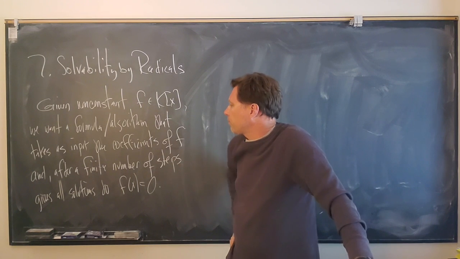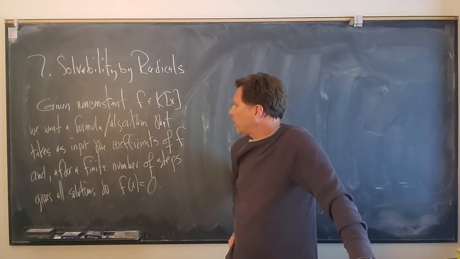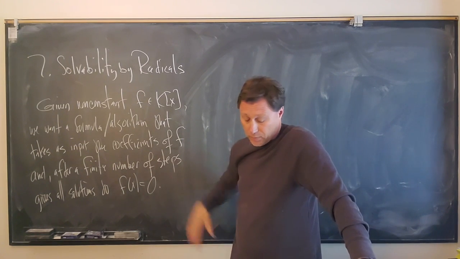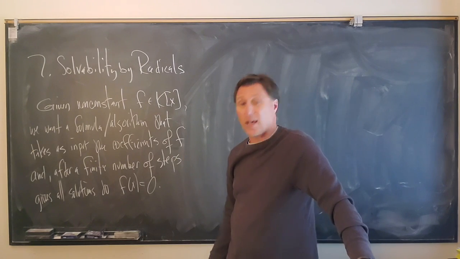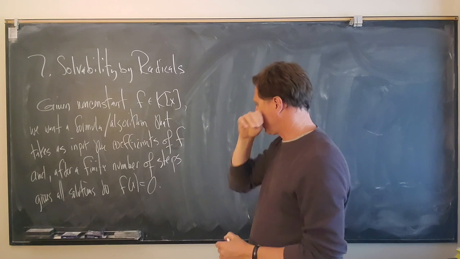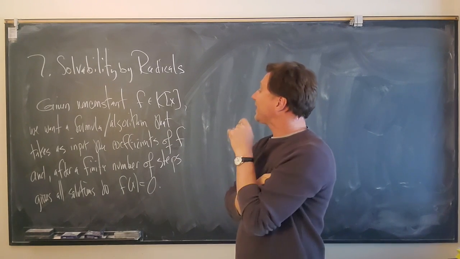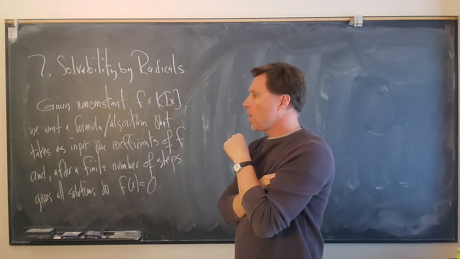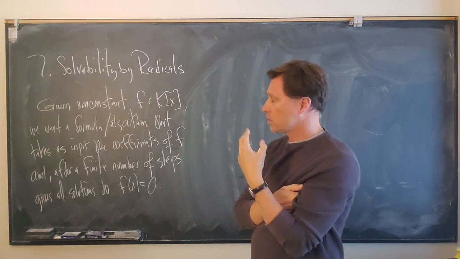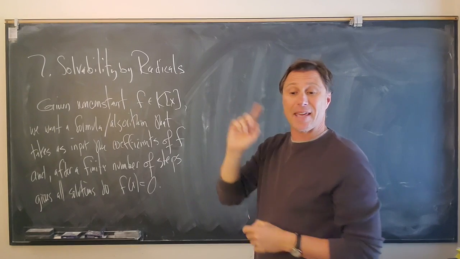Now we need to say a little bit more about what's legal when it comes to this algorithm, meaning we need to somehow arithmetically understand or be able to handle the algorithm itself. So what do we allow? Well, we allow field operations: addition, multiplication, division, subtraction. Those are all good. Plus taking nth roots.